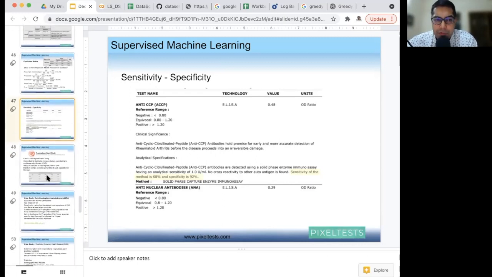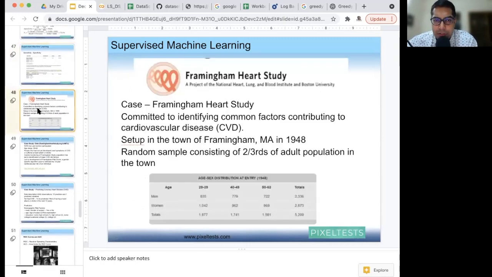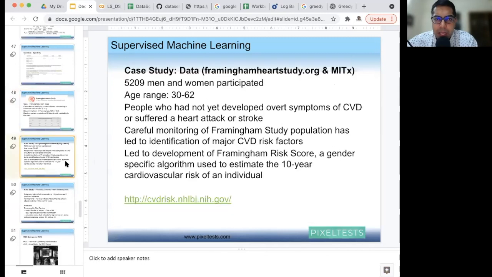So there's a few more interesting case studies here. So let's look at that. There's another data set that I'll let you work on. We're going to run through this, but maybe at home a little later, you can work this out on your own. So here there's 5,200 men and women, adults, and they had stroke.